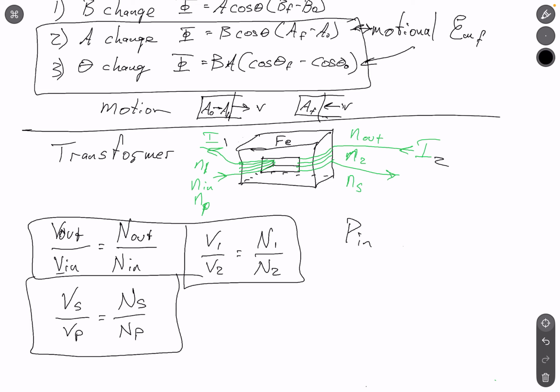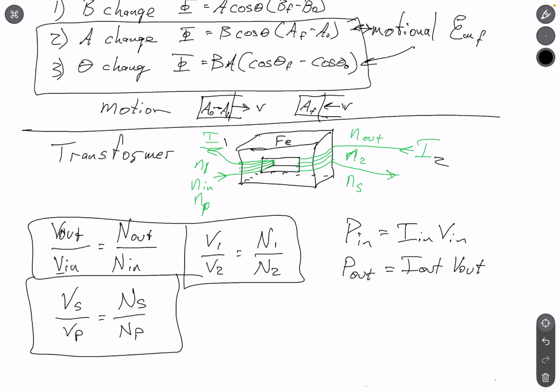Maybe I'll do a little editing. Our power in is equal to our current in times our voltage in. And our power out is equal to our current out and our voltage out.